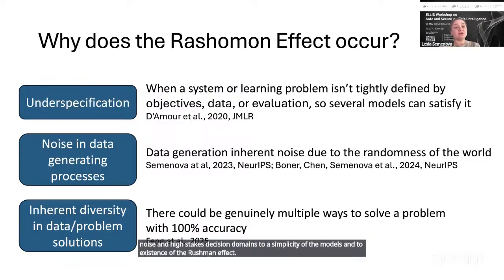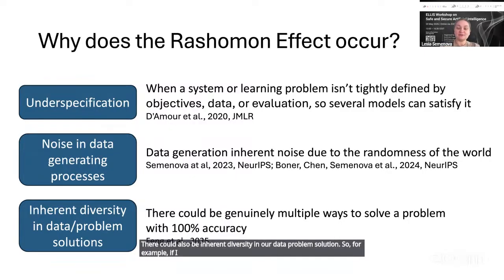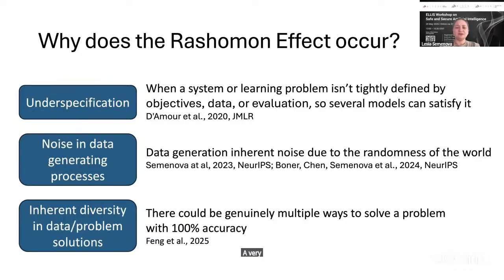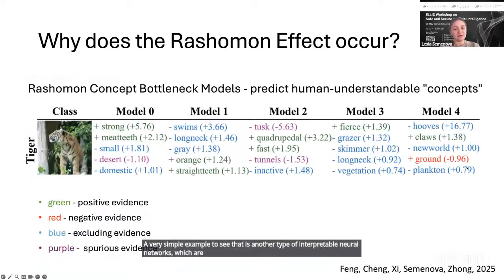There could also be inherent diversity in our data problem solution. So for example, if I'm solving a math problem, there could legitimately be multiple ways that are 100% accurate, so there is no noise, to achieve the same answer. A very simple example to see that is another type of interpretable neural networks, which are concept bottleneck models.